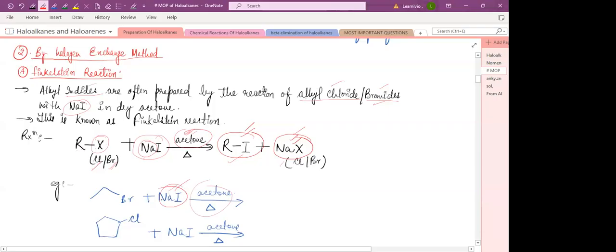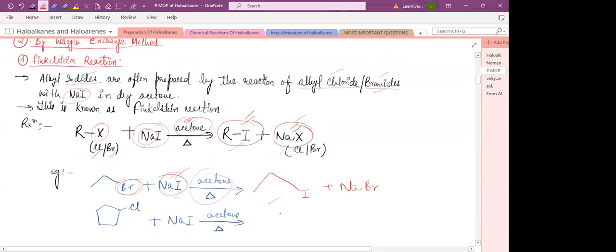Here NaBr will be liberated, since this is sodium. It is a halogen exchange method: the bromine is exchanged with iodine, and acetone precipitates NaBr from the reaction. This will be your final product, CH3CH2I. Got it? Yes.